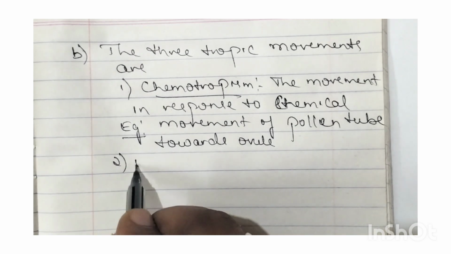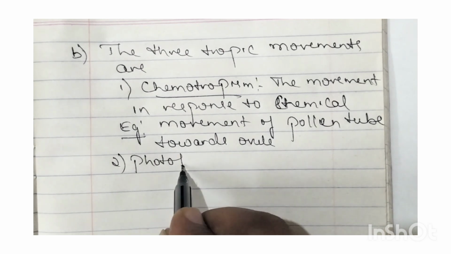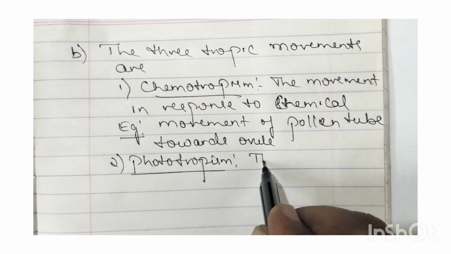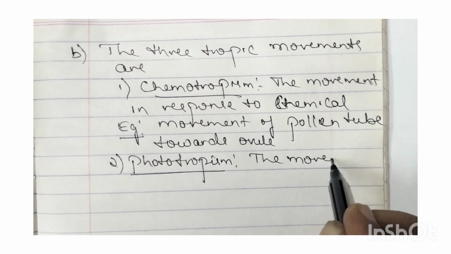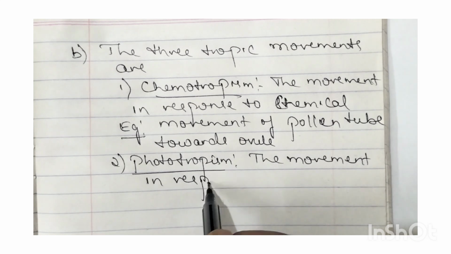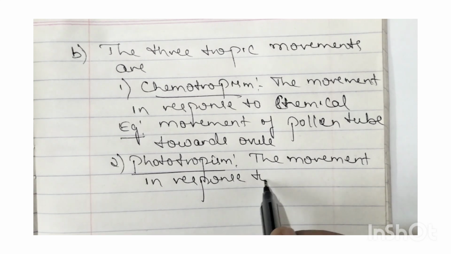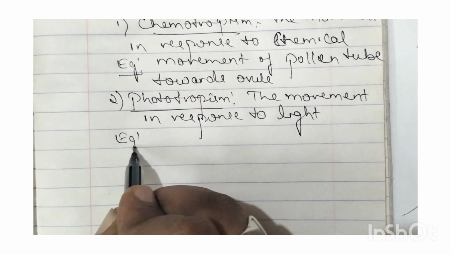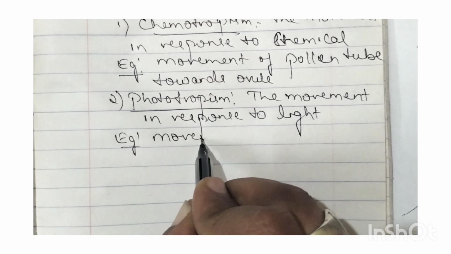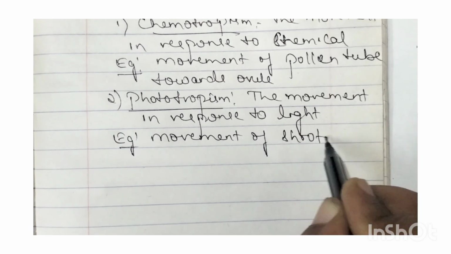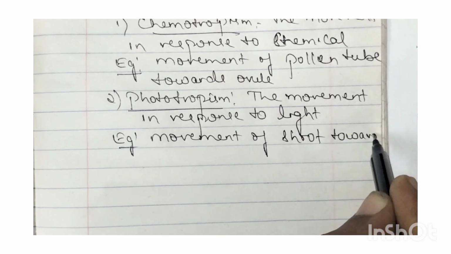Then the second one, phototropism. The movement in response to light is called phototropism. Example, movement of shoot towards light.